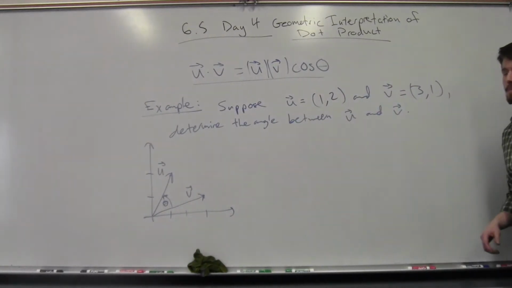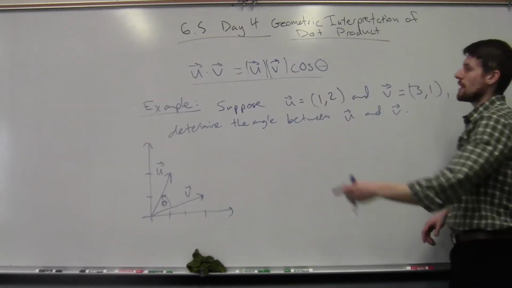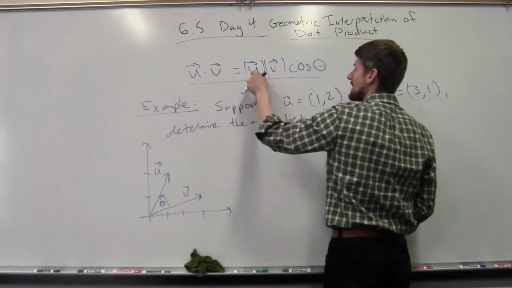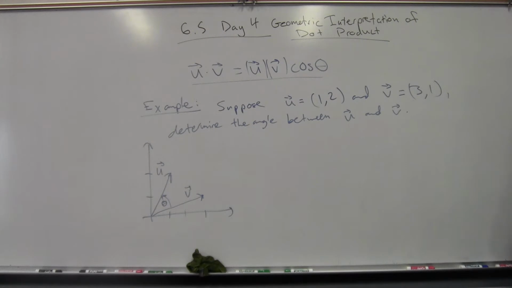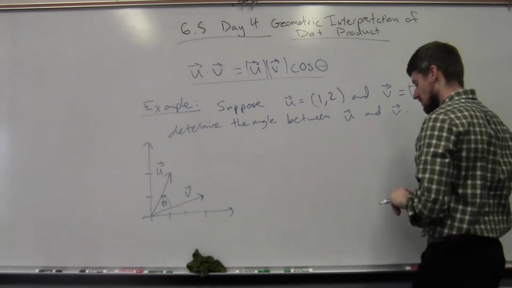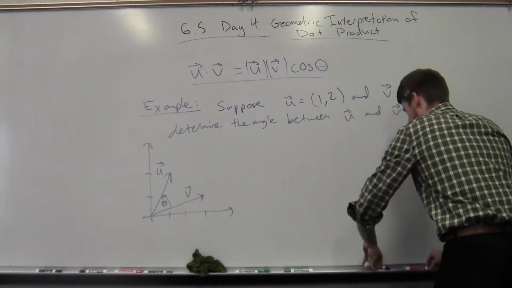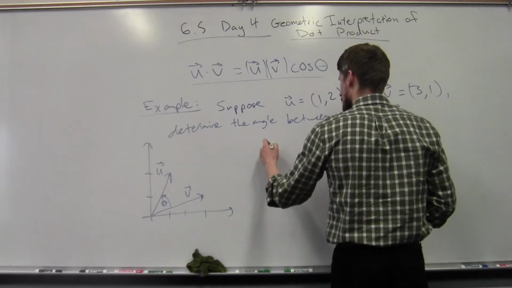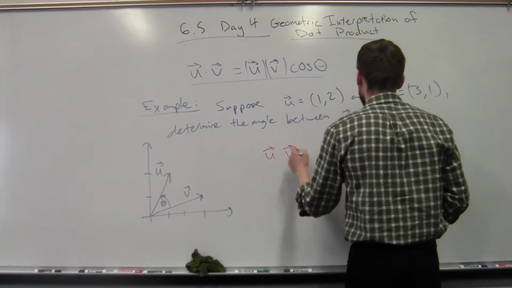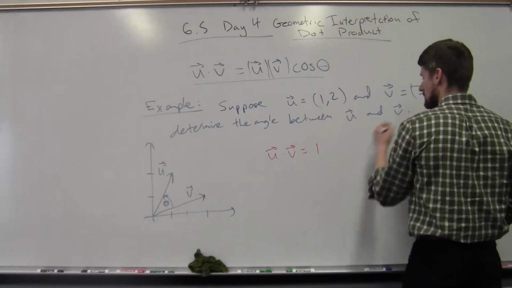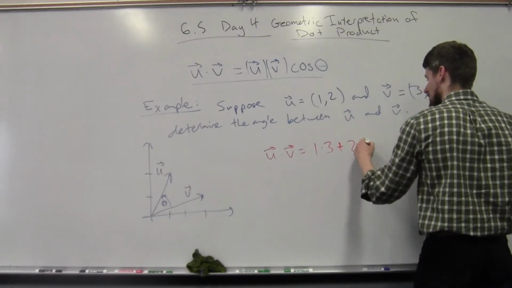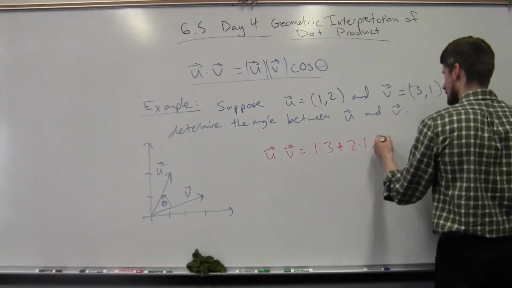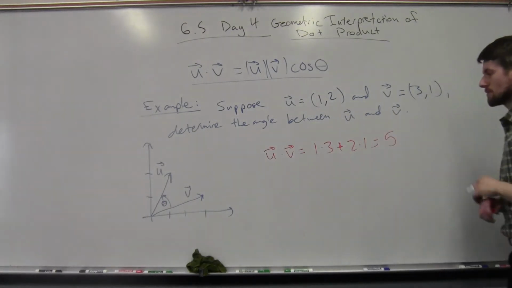That's in the dot product. If I find the dot product and divide it by the magnitude of each vector, I can find the cosine of the angle. So let's write down what we know: u dotted with v is equal to 1 times 3 plus 2 times 1, which is 3 plus 2, which is equal to 5.